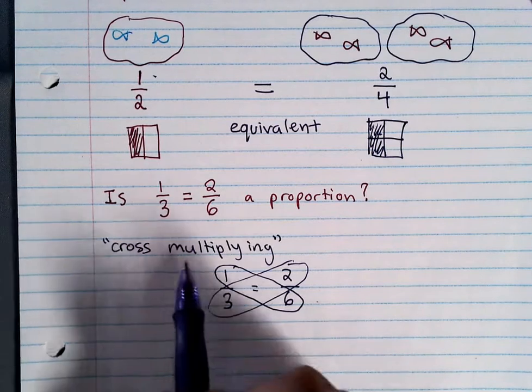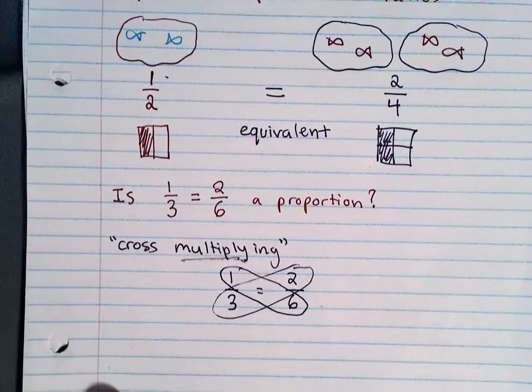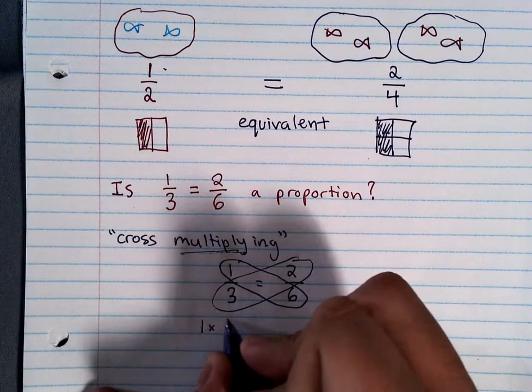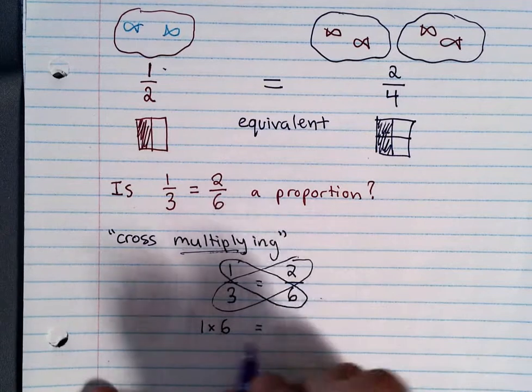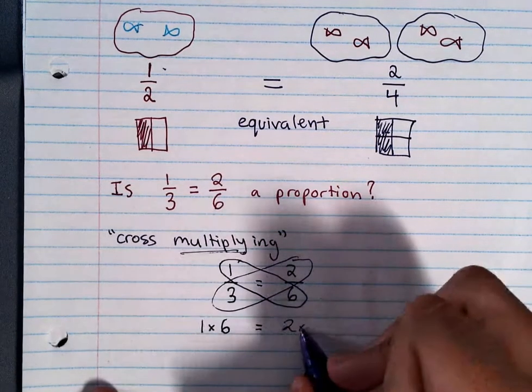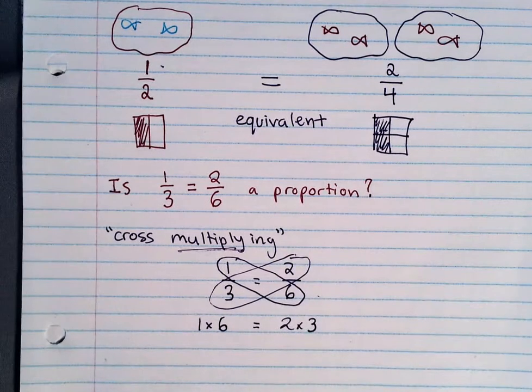Remember, it's called cross multiplying, so we put them together with a multiplication symbol. Our 1 and our 6 go together: 1 times 6. Is that equal to 2 times 3? I don't know, so let's find out.